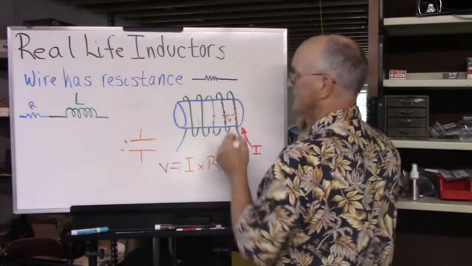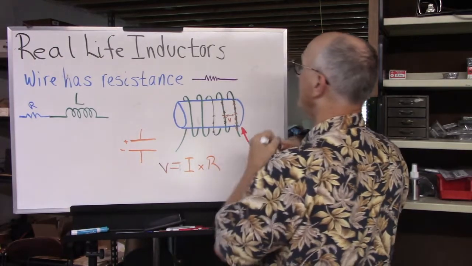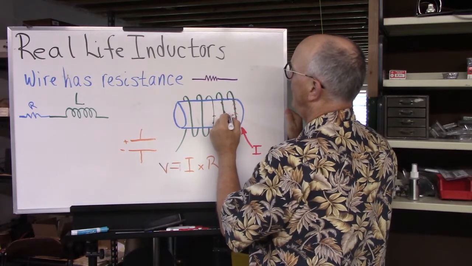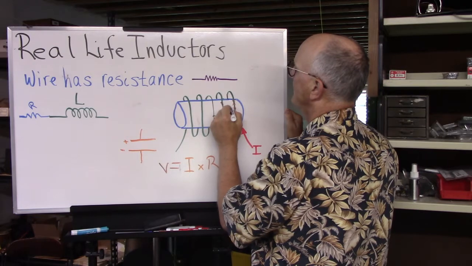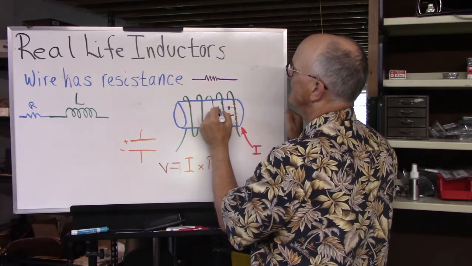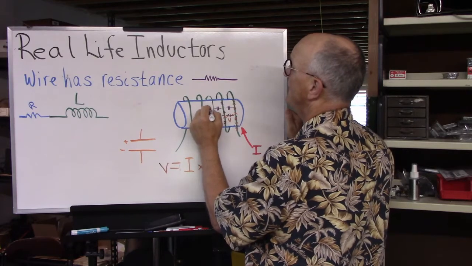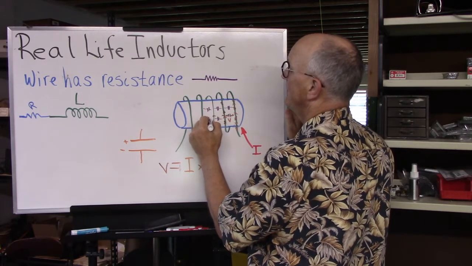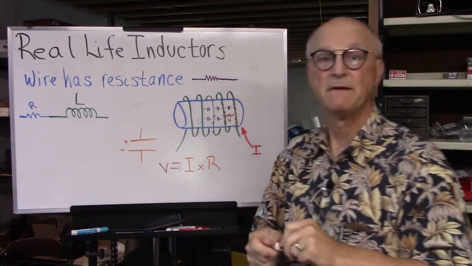So in essence, all through this inductor are interwinding capacitance, attributable specifically because of the fact that wire has resistance.